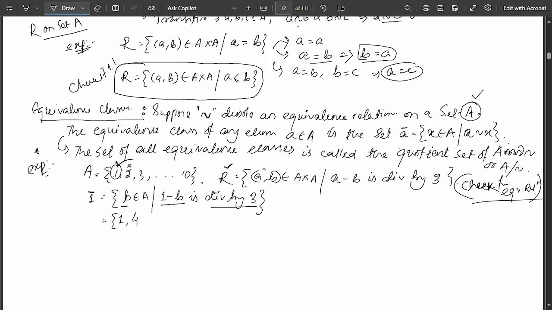Now 5: 1 minus 5 is minus 4, not divisible by 3. Similarly 6: 1 minus 6 is minus 5, also not divisible by 3.